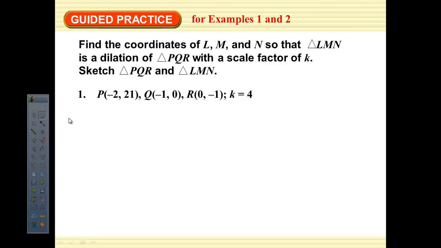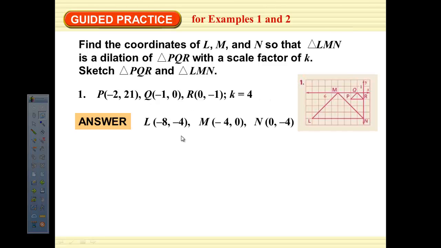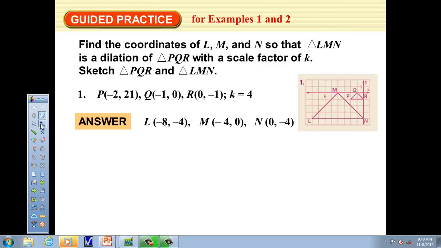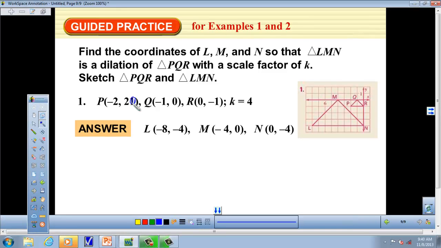And for this one, we have a scale factor of 4, and I think that's a typo there, so we want a scale factor of 4. So if we did that, there should be this right here. Actually, it should be -1.